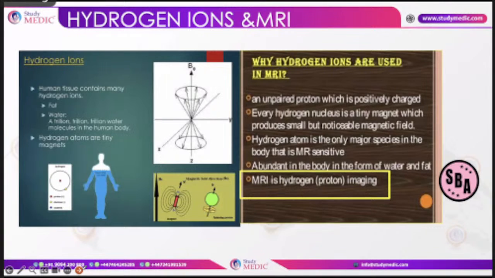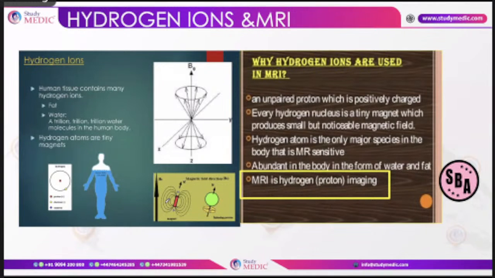Now, what is the relationship between hydrogen ions and MRI? Remember, hydrogen ions are the ones used in MRI. MRI is called hydrogen imaging because human tissue, as you know, contains mostly water and fat, which has hydrogen ions.